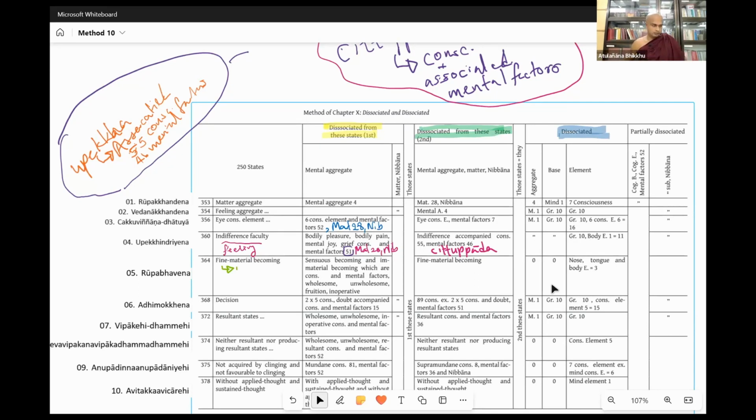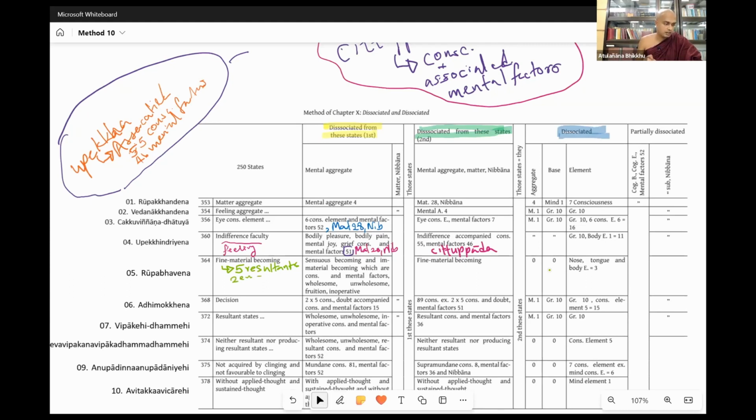Here we have the 5 resultants, right? 5 resultants are there, and 2 eye consciousness are there. Some parts of consciousness are there, right?